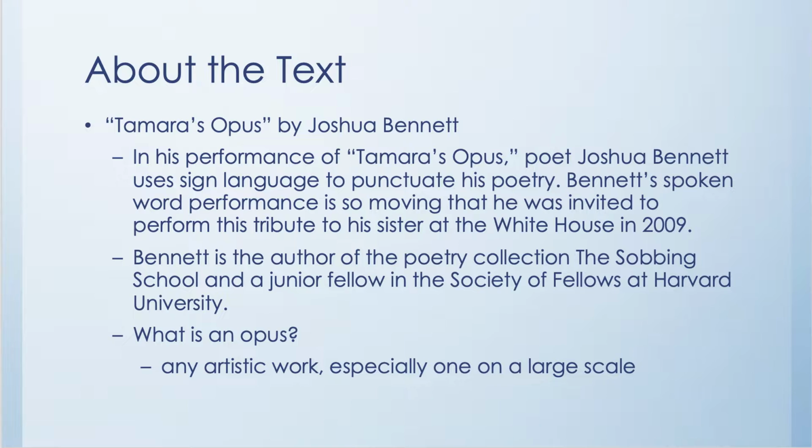So we look at this title and we see it has the word opus in it. That's probably not a word we're familiar with unless we're maybe in band, orchestra, or chorus. An opus is an artistic work, normally musical, but especially one of a large scale. So when you think about this, let's look at the title. We know this is about his sister. What is this opus that his sister has? What might that be? That's going to be your first question.